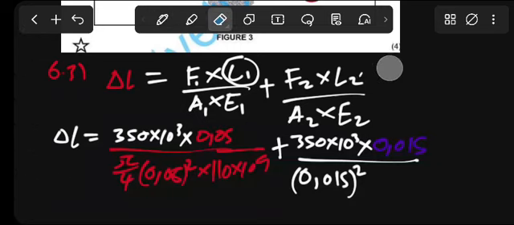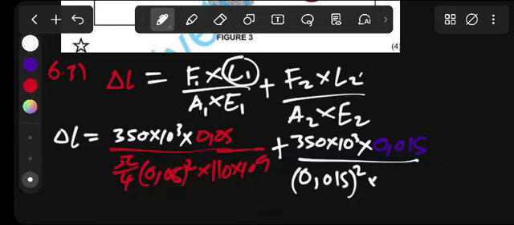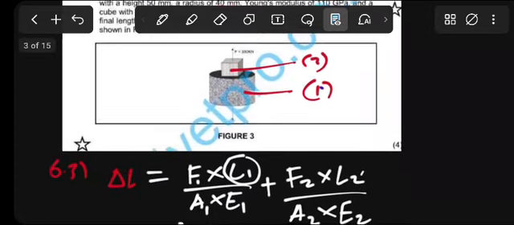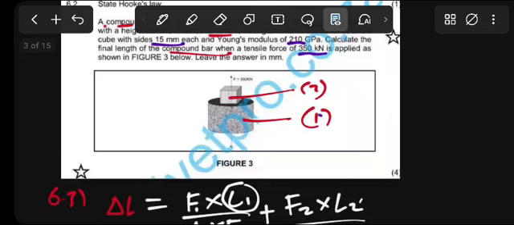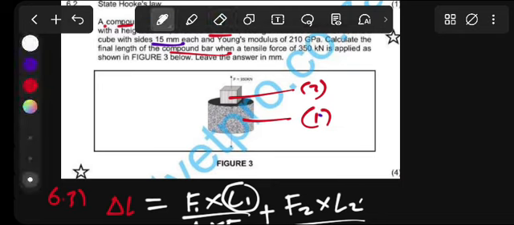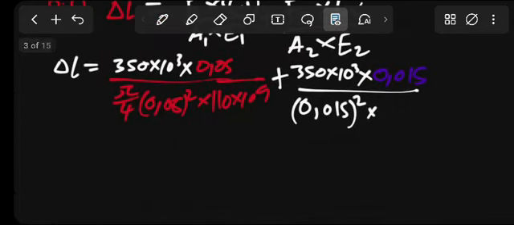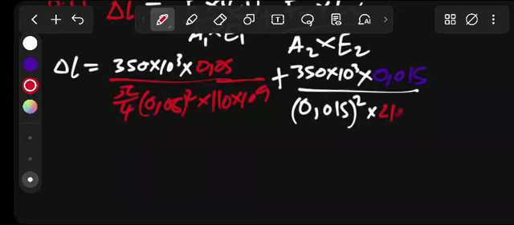Then multiply by the Young modulus of the second portion, which they said is 210 gigapascals, 210 times 10 to the power of 9.